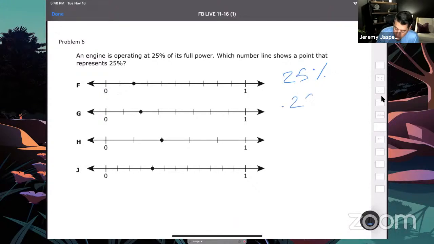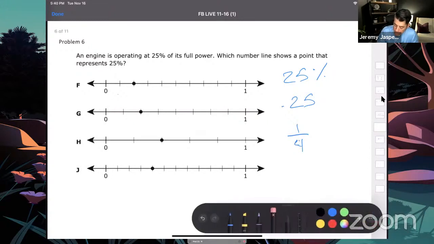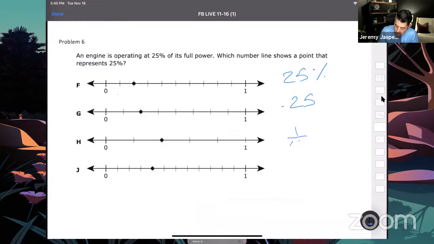So we know that 25% is 0.25. It's 1 over 4, right? 1 out of 4. So what we have to do here is find out where that 1 out of 4 is. See how these are all on specific lines?